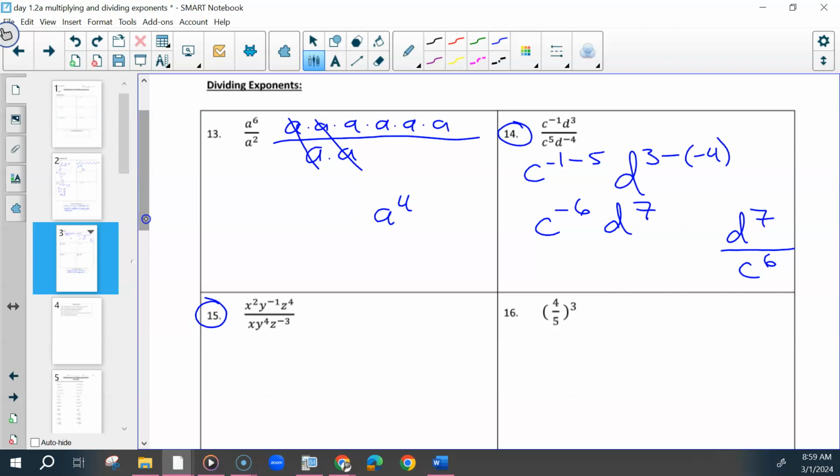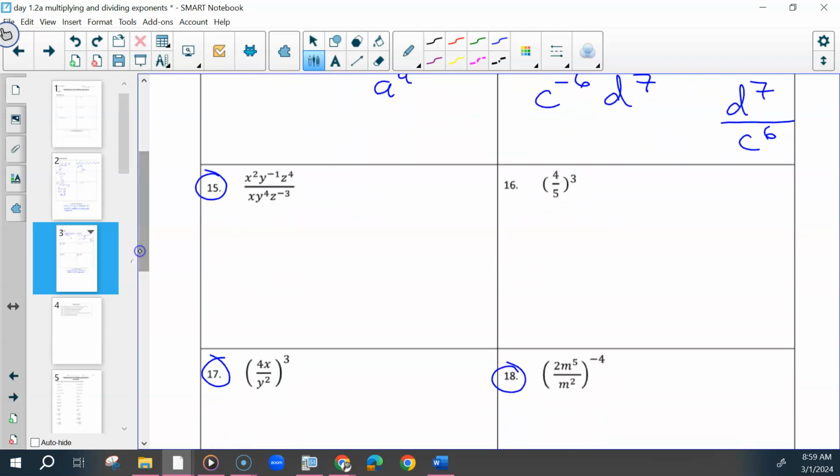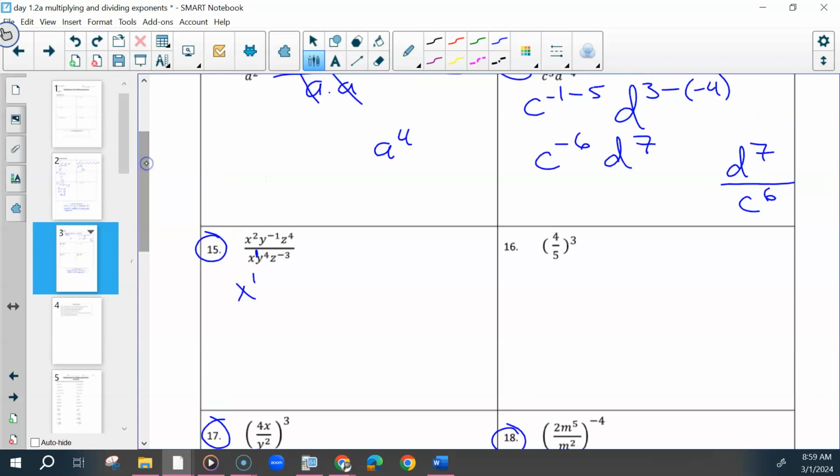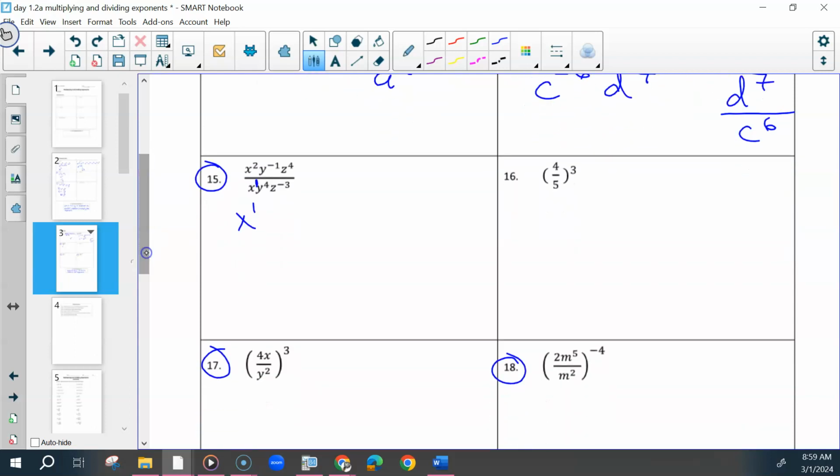Okay. 15, similar. Just so you can see what happens. Let's say I did, actually, because we're dividing, let's not. Okay. Keep subtracting. So x, remember that this has an exponent of 1. So 2 minus 1 would give us 1. If you want to keep writing it out, you can. You don't have to.